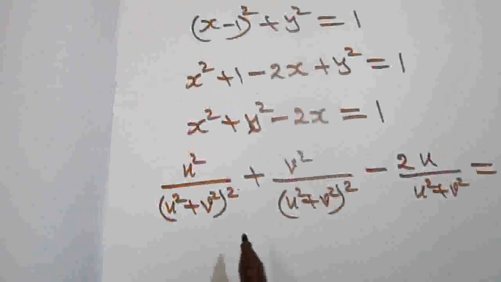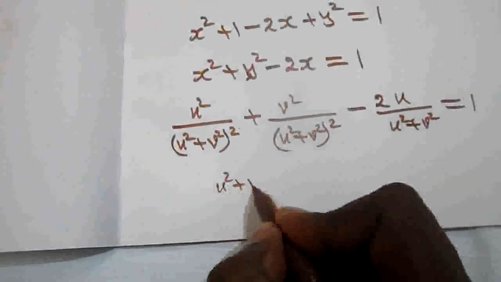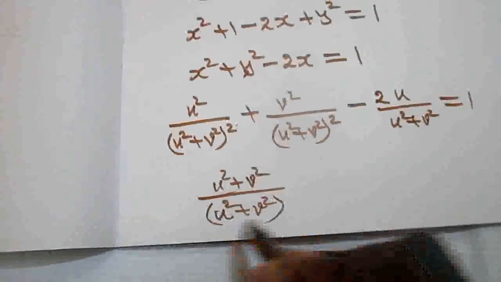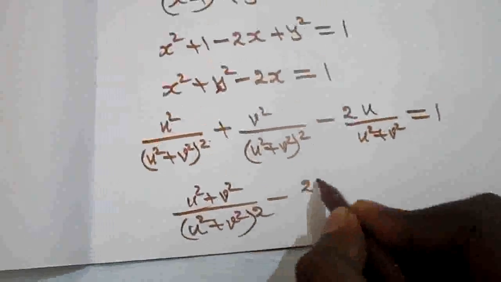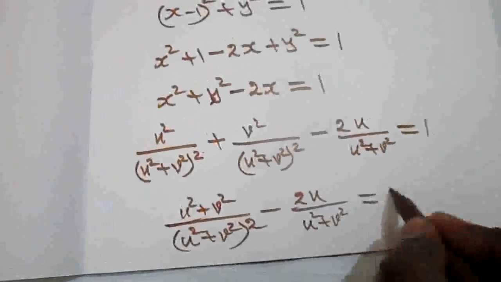After this, the first two terms have the same denominator, so this can be written as u square plus v square by u square plus v square the whole square, minus 2u by u square plus v square, equal to 1.